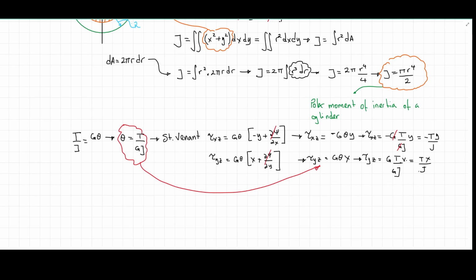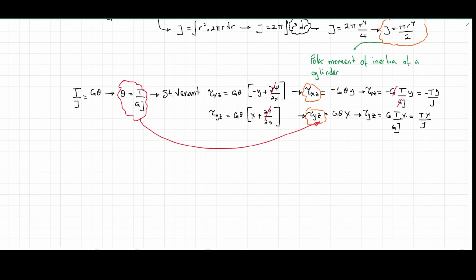So I have two shear stresses. If I wanted to know the resultant stress, I have to use the Pythagoras theorem. The resultant stress in this circular section is going to be the square root of adding the squares of those two shear stresses.